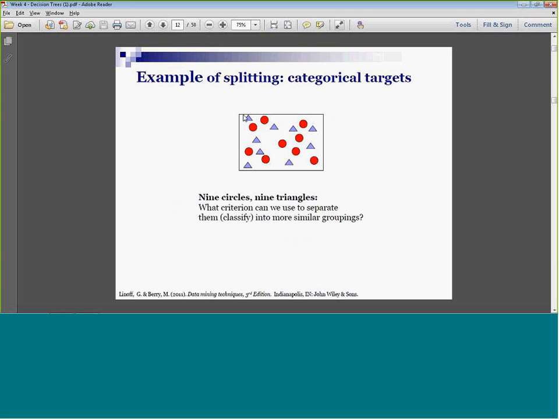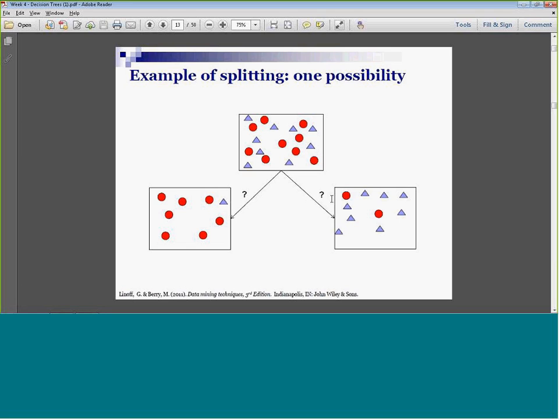Okay, so let's get into something with real numbers now. Let's say we have 9 circles and 9 triangles all mixed together, and we'd like to split or separate them into more similar groupings. So again, we find an input variable to split on, and let's say we find a pretty good one, and it gives us 4, 5, 6, 7.